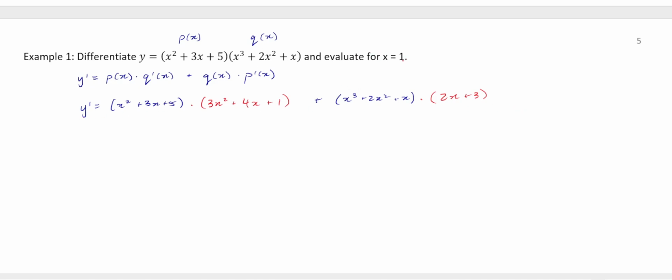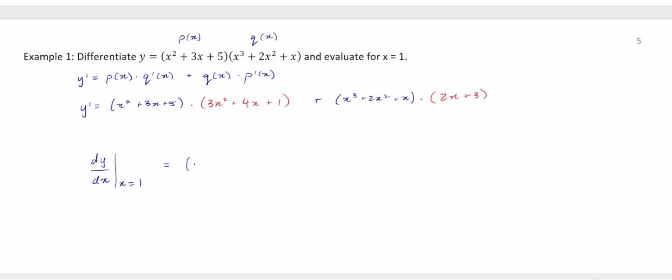Now I'm going to evaluate it for x is equal to 1. So I'm going to change my notation here from y prime, and I'm going to say the same thing is the derivative of y with respect to x, right? That's what I'm saying by saying y prime. But now I'm going to evaluate it at x is equal to 1. And all I have to do here is anywhere I see an x, I just put in a 1.